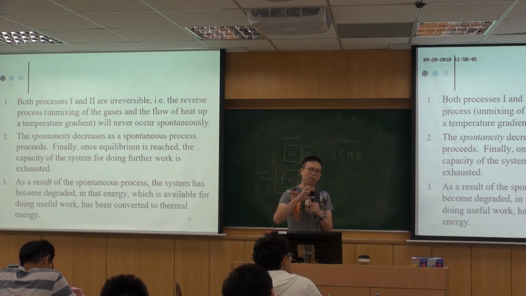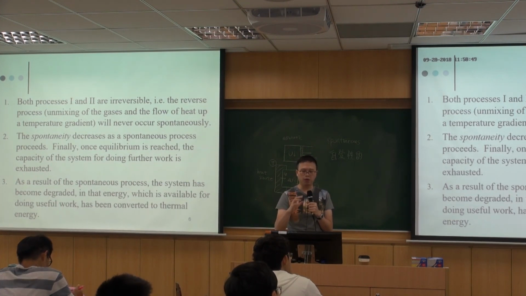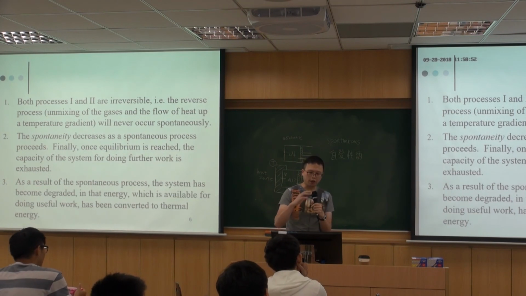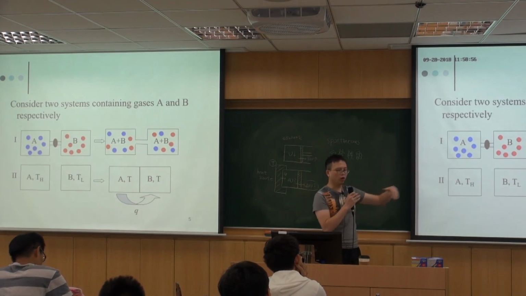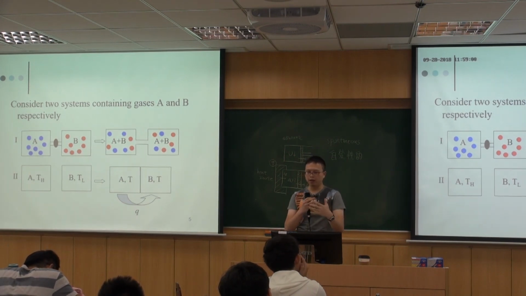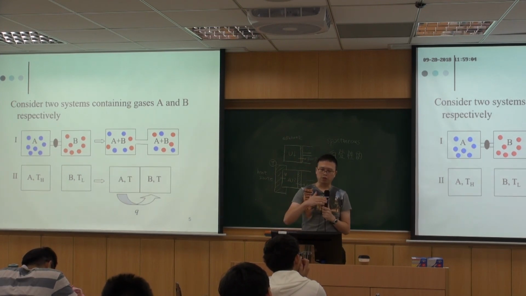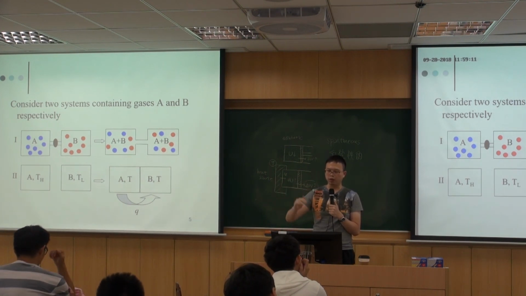So there should be a measure of this possibility or the driving force for spontaneous process. And at the very beginning, when you first open the gate, the gas is moving around. So you can measure that spontaneity, which is large at that time. And it's increasing, and eventually it reaches maybe a maximum, so it won't increase anymore.